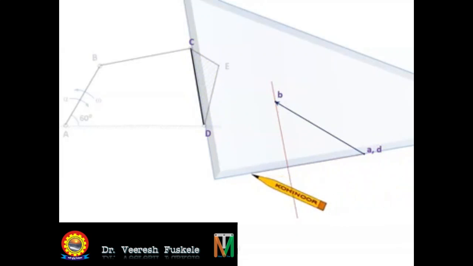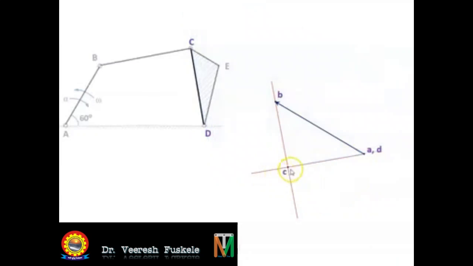So we will draw a line perpendicular to link CD from the point D in the velocity diagram as shown. So the point of intersection of BC and CD will give you the point C.